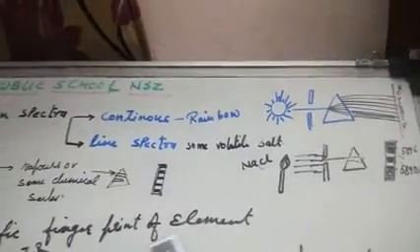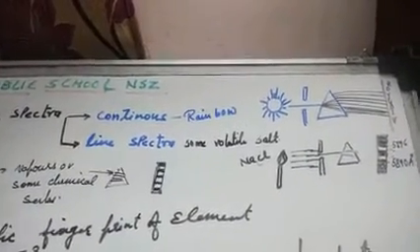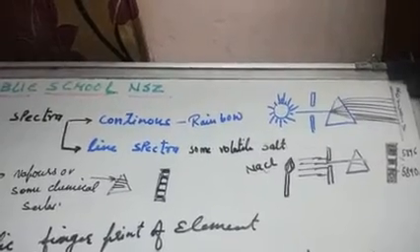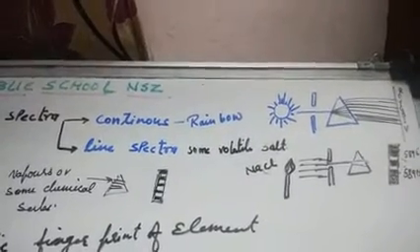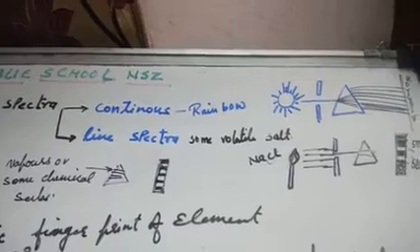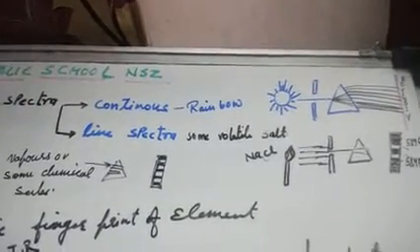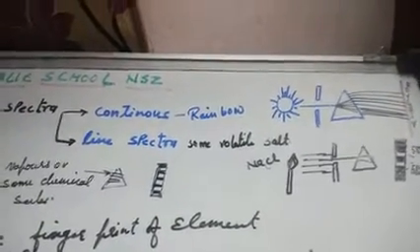If you observe rainbow, students, all the colors are so intermingled into each other that you cannot differentiate different color regions, like where is red exactly, where is blue exactly, or yellow or violet.